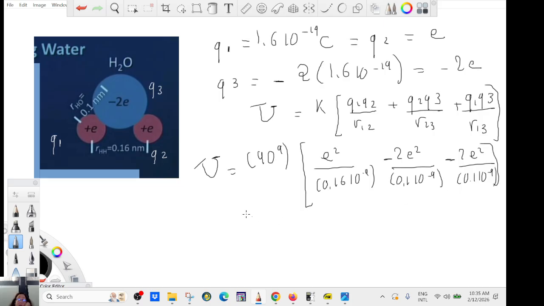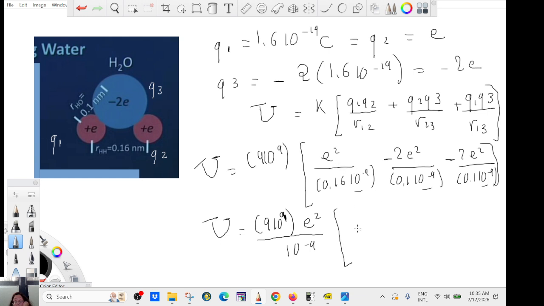Okay. So you can do some aesthetic here. Let's do some aesthetic. So this is 9 times 10 to the 9. I can factor out E squared. Here I can factor out this, so 10 to the negative 9.